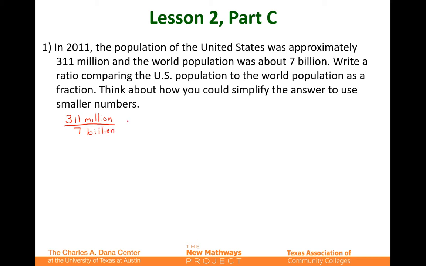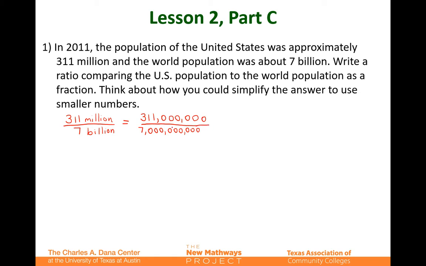The first thing I would do is write this out. 311 million, remember a million, that's going to be 6 zeros, over 7 billion, that's going to be 9 zeros. Oops, I left off one there. There we go.